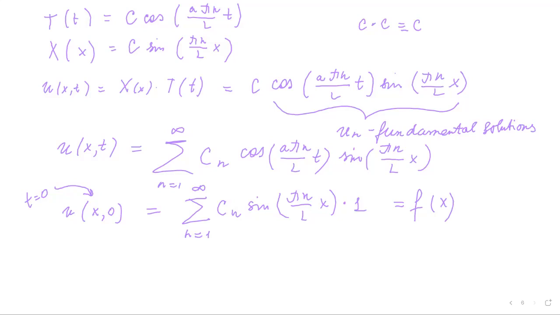But the last constant which is left is going to be solved from f of x. And actually, it's going to be just a decomposition of my function by Fourier series, and they are going to be the coefficients. Do we know how to calculate the coefficients? Yes, we do know how to calculate the coefficients, right? We basically know everything about this already, and that's why I was teaching Fourier series before I started doing partial differential equations.